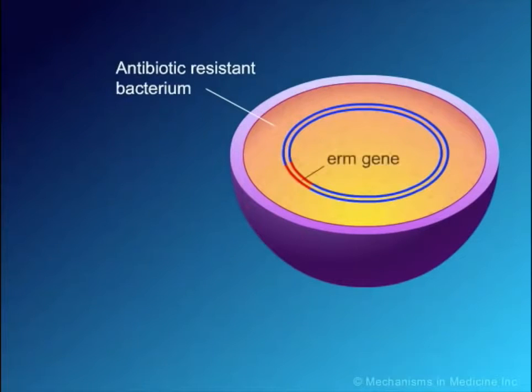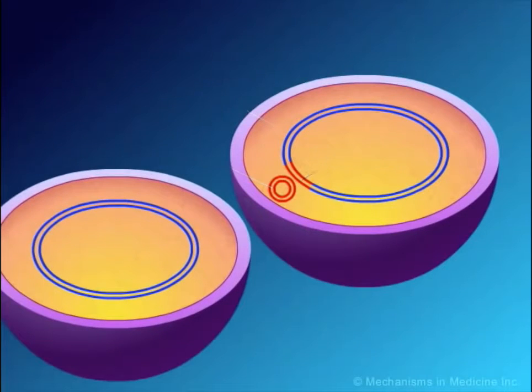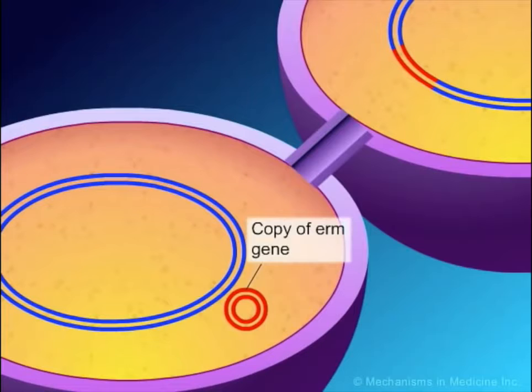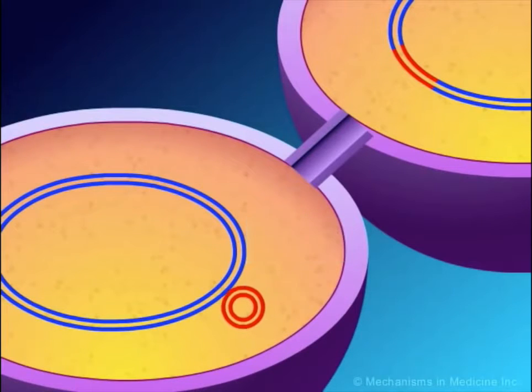This mechanism of resistance is mediated by the erythromycin ribosome methylation gene, which is found on plasmids, or transposons, i.e., small genetic elements which are capable of moving from one bacterium to another and integrating into the host chromosomal DNA. Copies of the gene are transported to other bacteria via plasmids or transposons through pili-like channels. The gene is incorporated into the new bacterial genome.